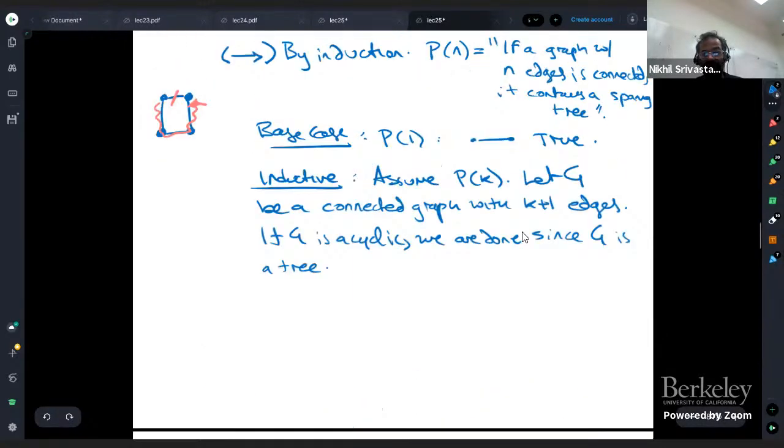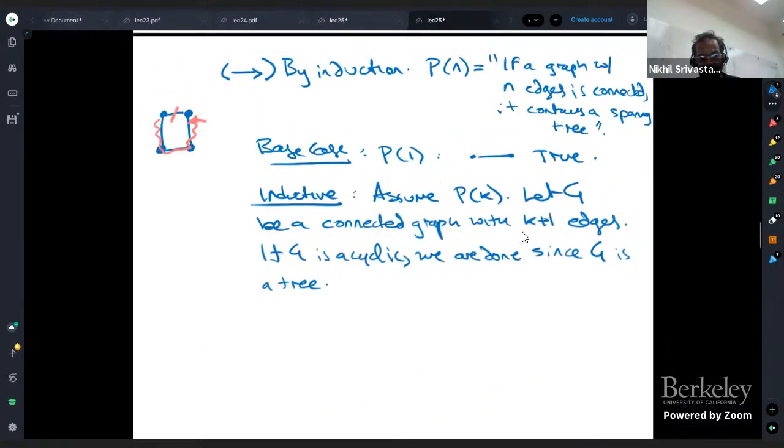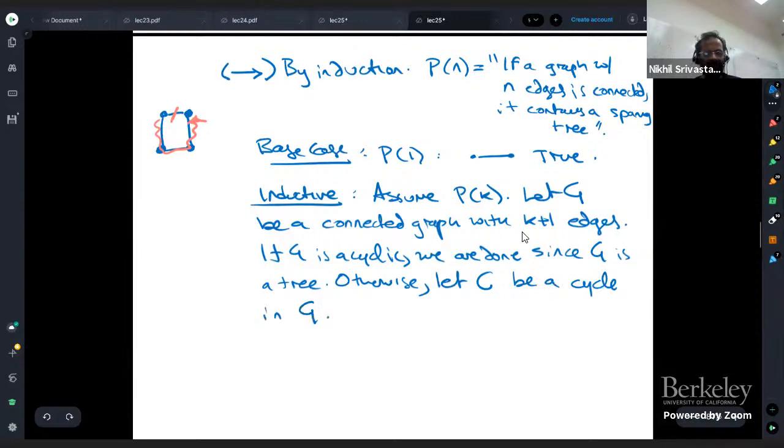The interesting case is when it has a cycle. So otherwise, let C be a cycle in G. So G has this picture where it could have all kinds of other stuff going on, but it does contain this one cycle.